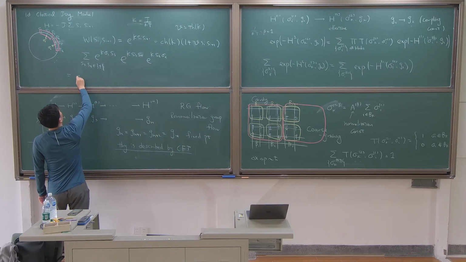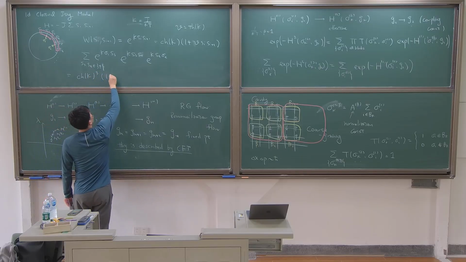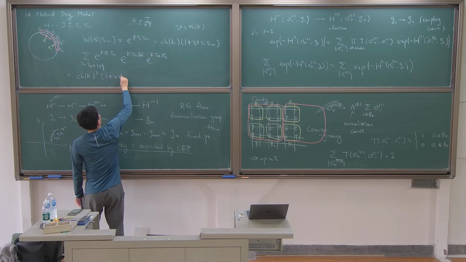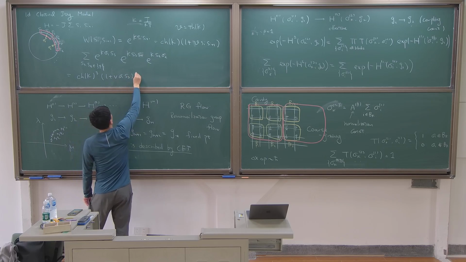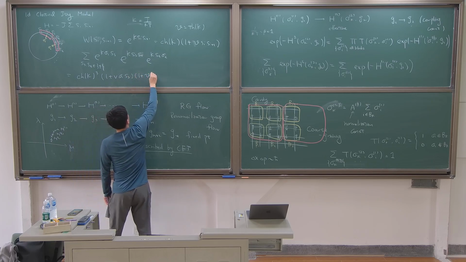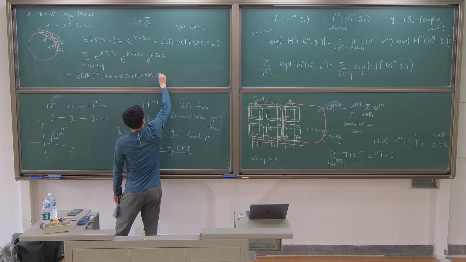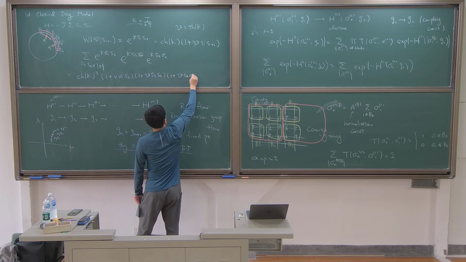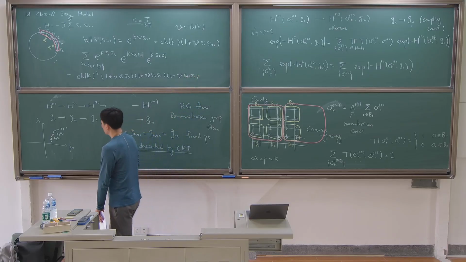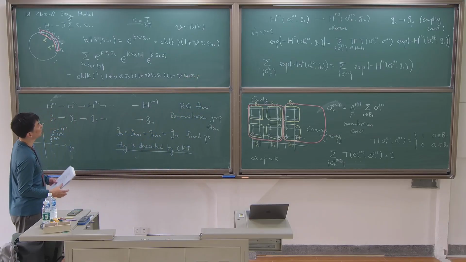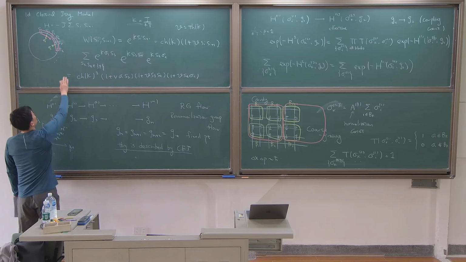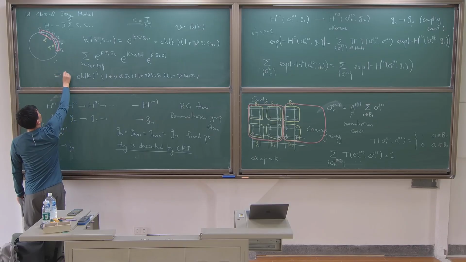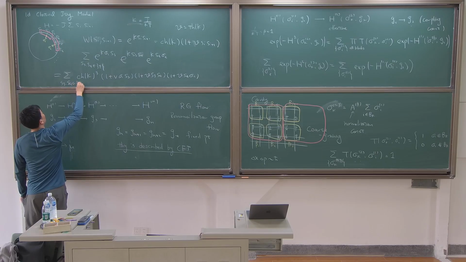Okay, so then cosh K cubed and 1 plus B sigma 1 S3, like this way, and then you just need to sum over S3 and S4, each plus minus.